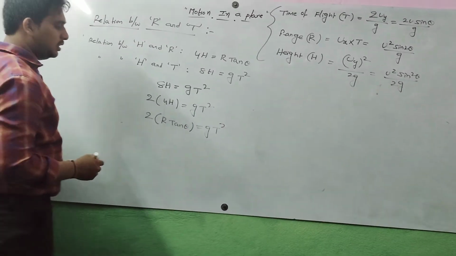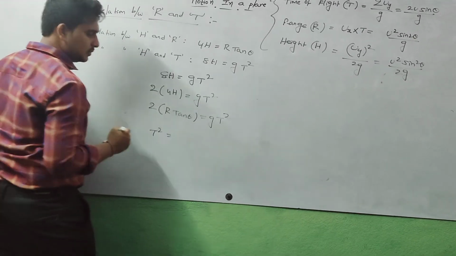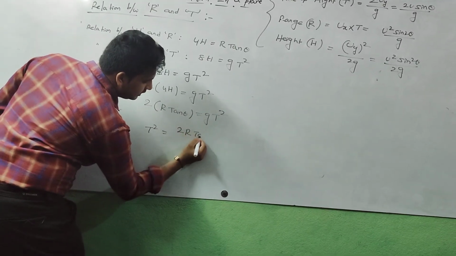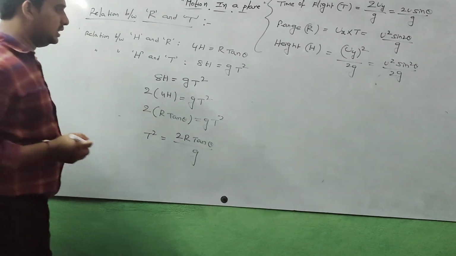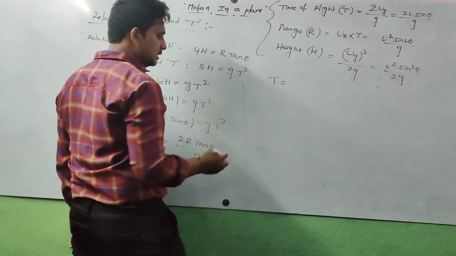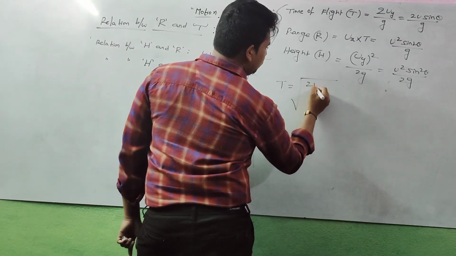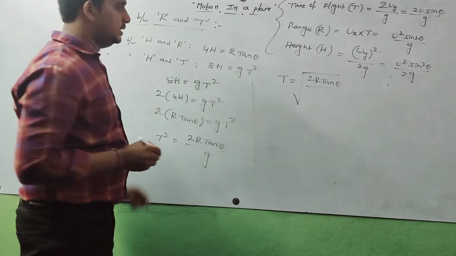From this we got t square is equal to 2r tan theta by g. So t is equal to square root of 2r tan theta by g.